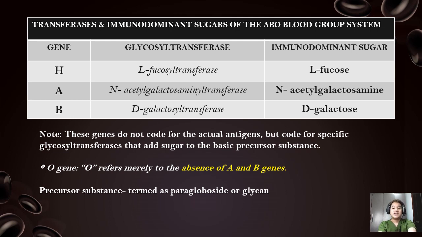And lastly, the B gene codes for the production of the galactosyltransferase, which is responsible for the transfer of the galactose sugar molecule to the H substance, resulting in galactose as the immunodominant sugar for the B gene. And take note that the resulting change in the oligosaccharide chain on the paragloboside or glycan creates your molecular composition for the H, A, and B antigens respectively. To know what that exactly means, let us take a look at the following slides.